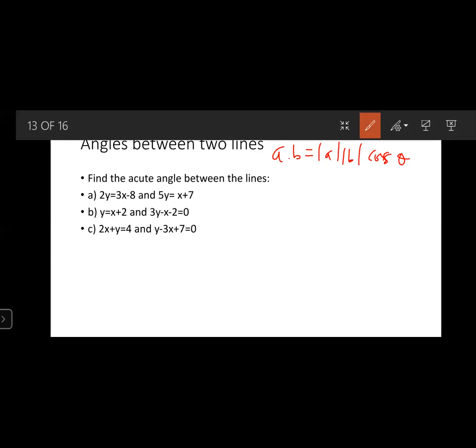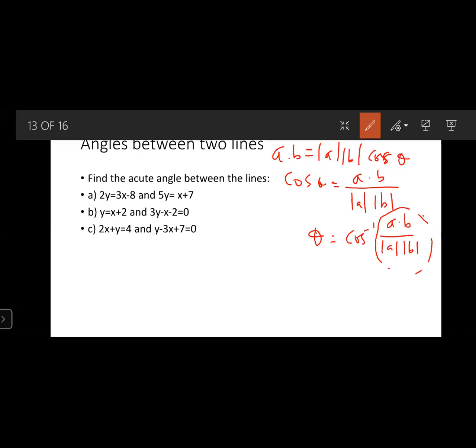So you can make cos theta the subject of the formula here. If you make cos theta the subject, it means we are going to have cos theta is equals to A dot B over magnitude of A, magnitude of B. So now if you want to find your theta, at the end of the day, theta equals to arc cos of A dot B over magnitude of A times magnitude of B. Sometimes this expression may give us a negative answer.